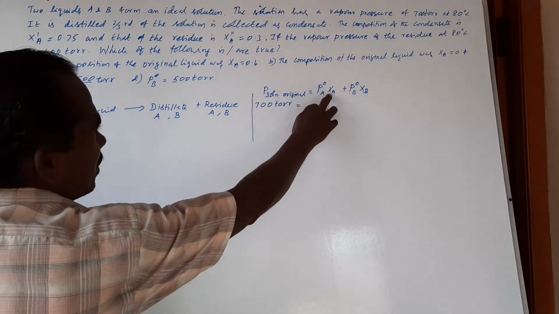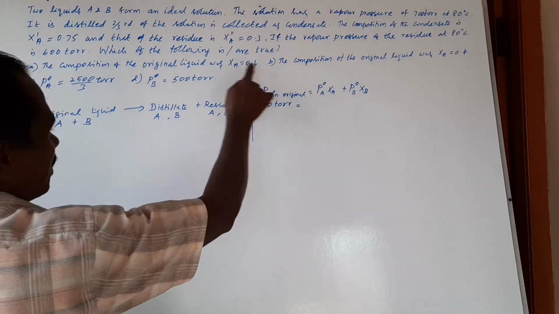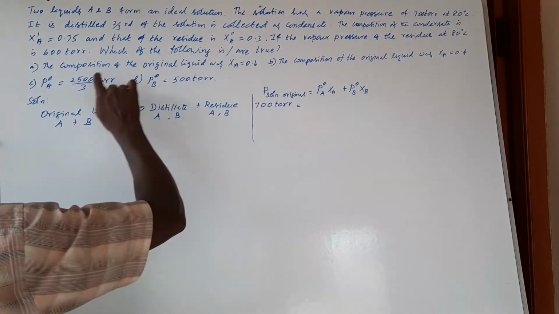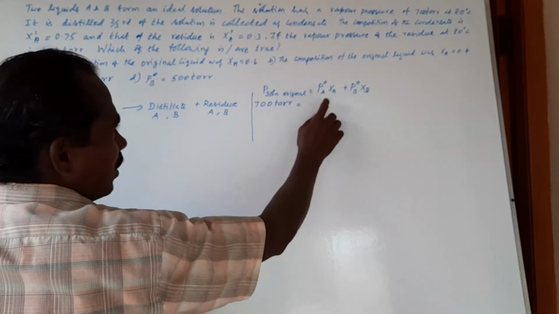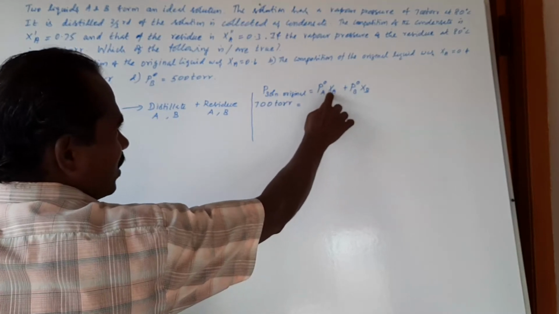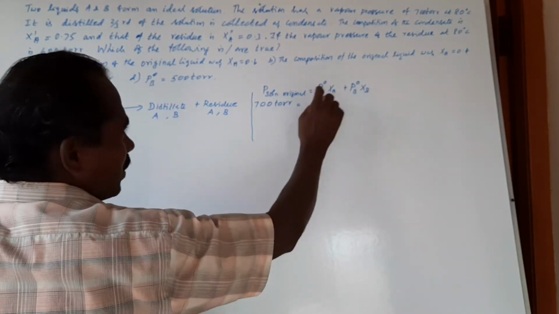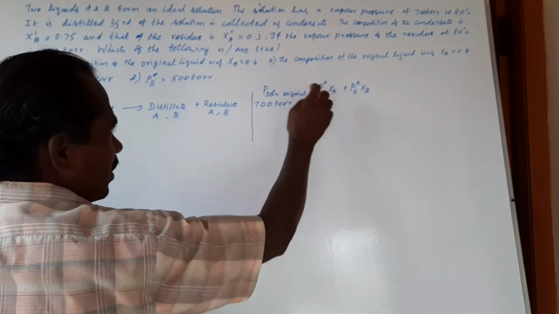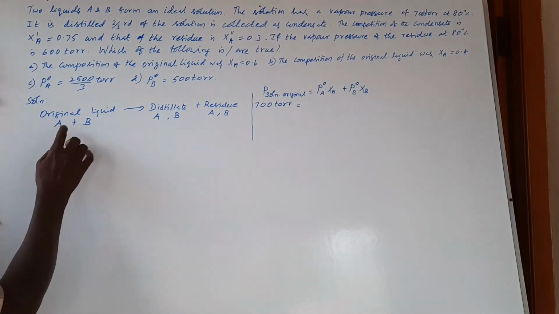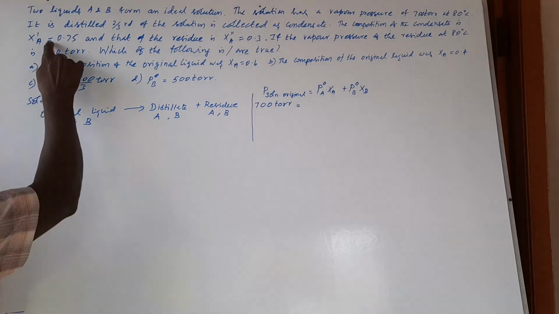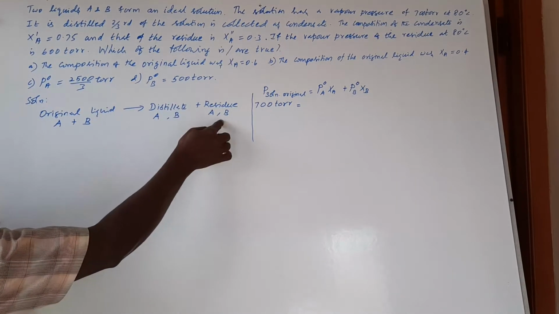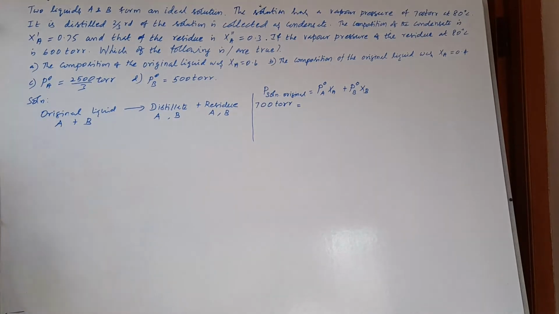We want mole fraction of A. P0A is required, P0B is required. All the terms are unknown. Then mole fraction of A we have to find. Then only we can go for P0A and P0B. To find mole fraction of A, we want number of moles of A and total number of moles. So relate this mole fraction and this mole fraction in terms of number of moles.